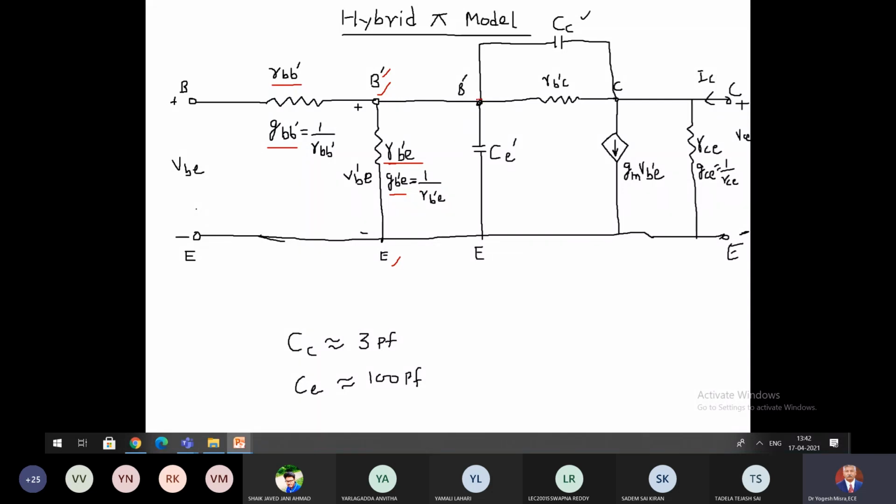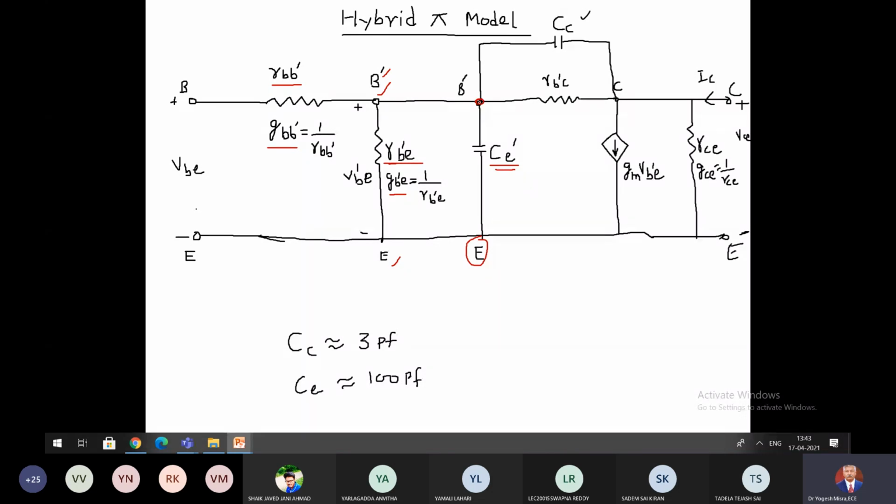Now between B dash and E terminal, as I said, internally one capacitor will be formed, and that is CE.